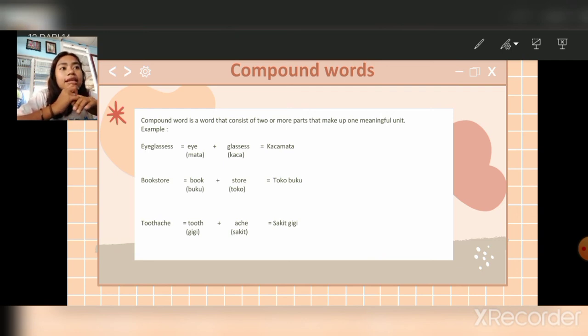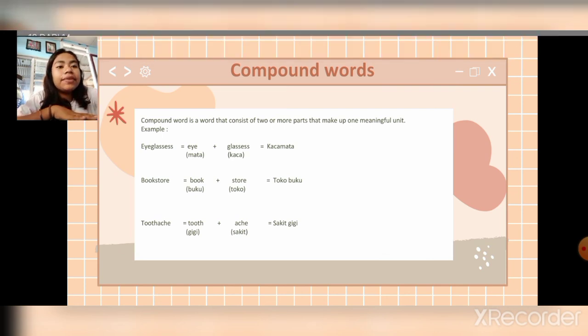The second example is bookstore. Book means buku, store means toko, and bookstore means toko buku. And the last is toothpaste. Tooth means gigi and paste means pasta, and toothpaste means pasta gigi.